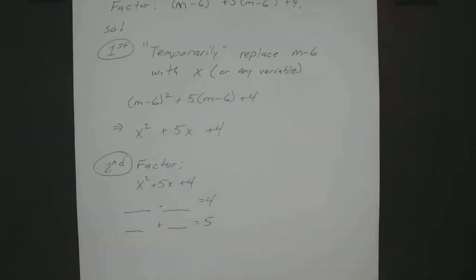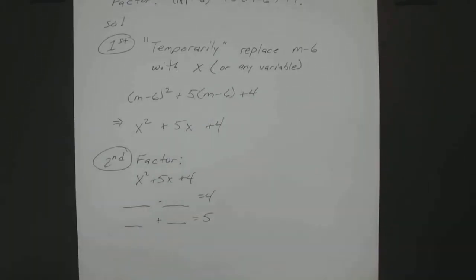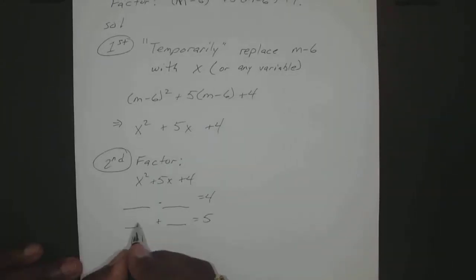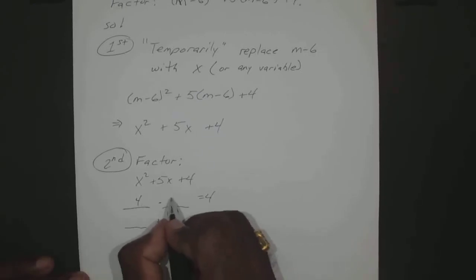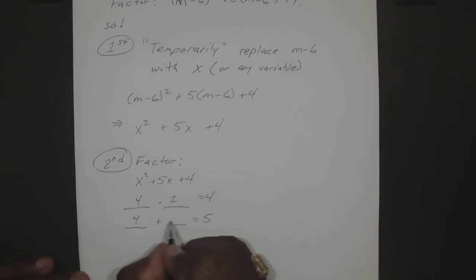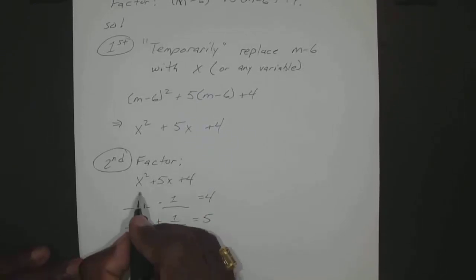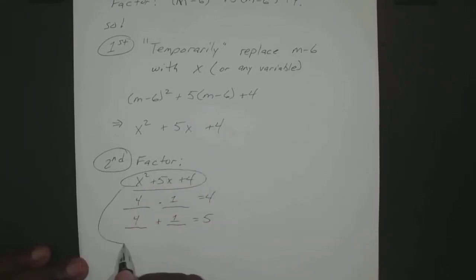So you don't have to do the a times c because there's nothing in front of the x squared. So you can go back to the original way of factoring. In this case, 4 and 1 works. 4 times 1 is equal to 4. 4 plus 1 is equal to 5. So that means this factor just becomes x plus 4, x plus 1.